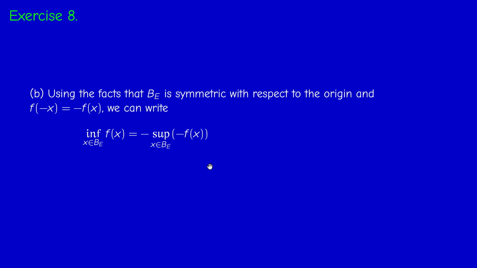And now minus f(x) is f(-x). By symmetry, the sup of f(-x) when x is in the unit ball is the same as the sup over -x in the unit ball. So you can replace -x by y, and you get the sup of f(y) in the closed unit ball. Same thing, by a change of variables. But the minus is outside, and we know that this is minus the norm by the previous result.